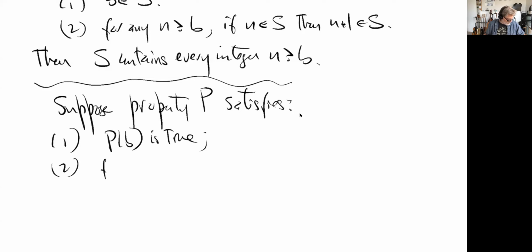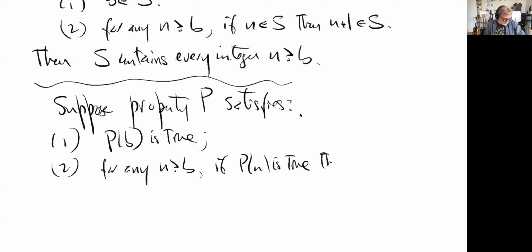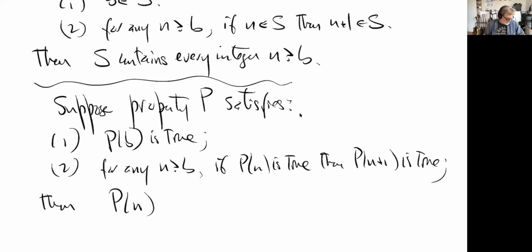And 2, for any n greater or equal to B, if P of n is true, then P of n plus 1 is true. Then the conclusion is that P of n is true for all n greater or equal to B. Okay, which is exactly the same thing. Whether I'm using the sets or the properties, it's the same thing.